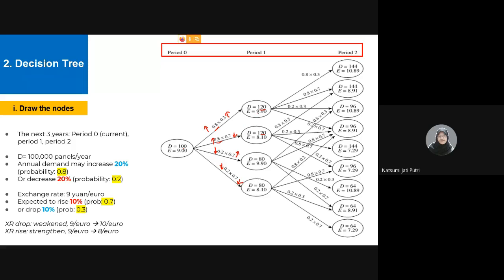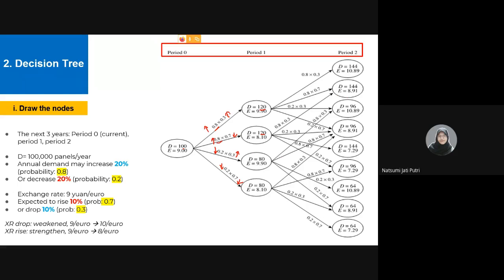And then for the exchange rate, the probability that they will rise or weaken is... I'm sorry, wait. I think I got the color wrong, but it's okay.